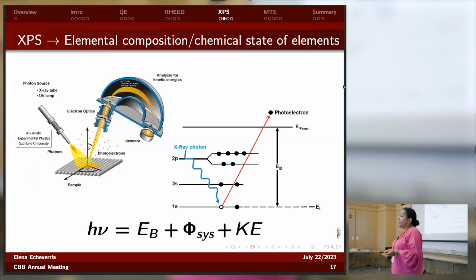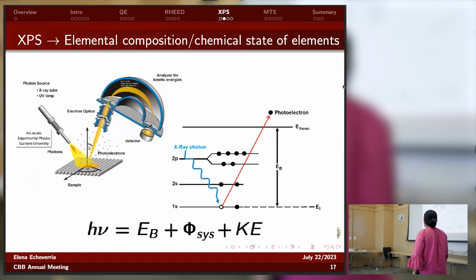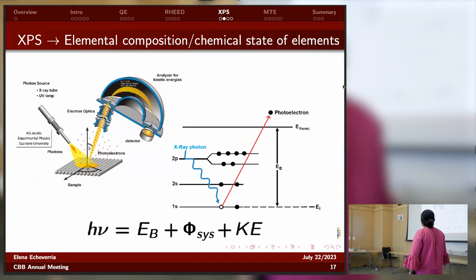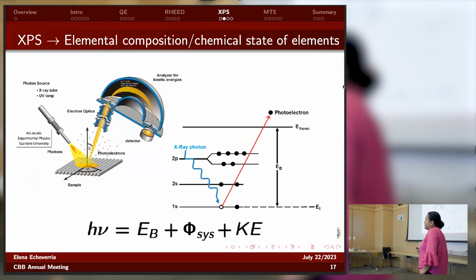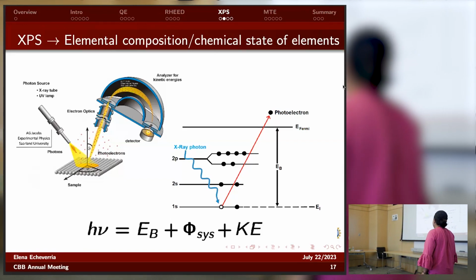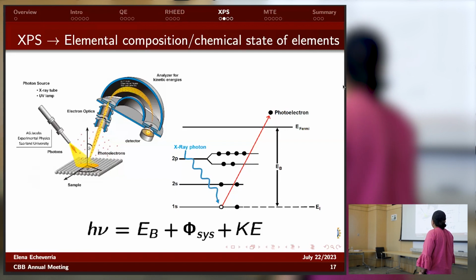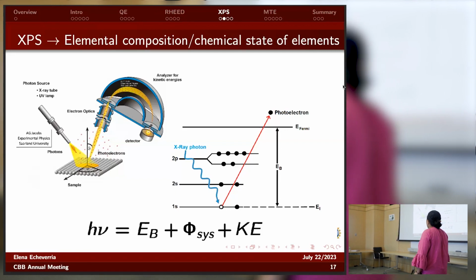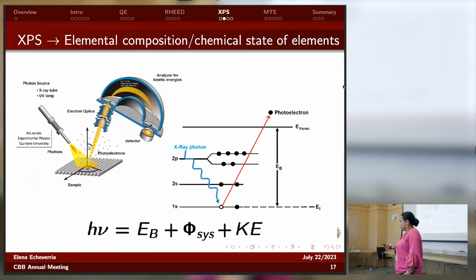We can calibrate each system and know what that value is, so this is going to be a fixed value. And whatever energy is left will be read in terms of kinetic energy. So if the analyzer is reading the kinetic energy, we know the photons that we are using, and we know the work function of our system, we will know the binding energy of the electrons.